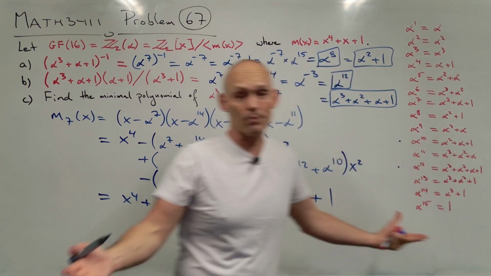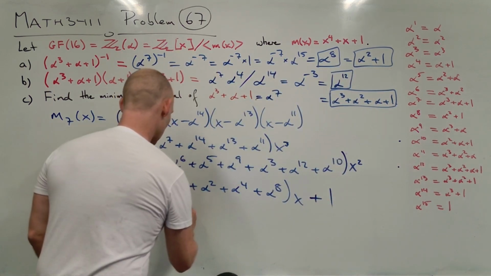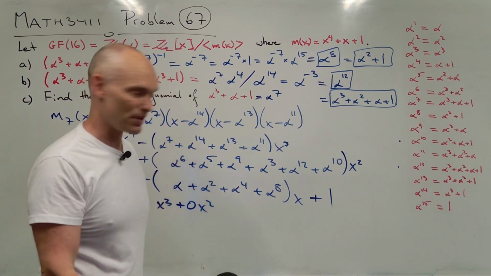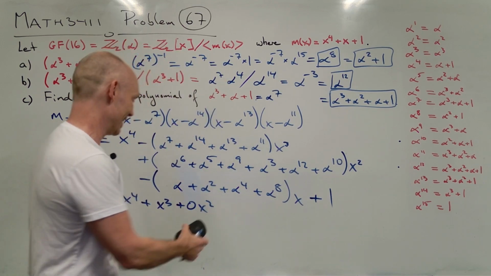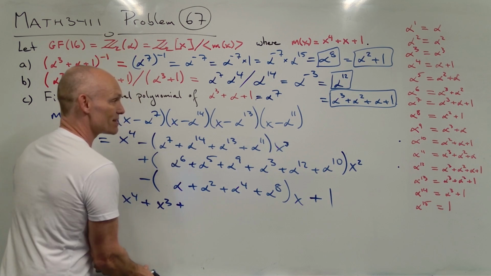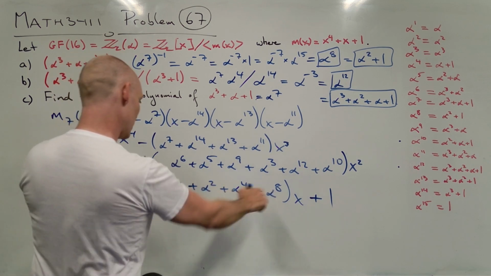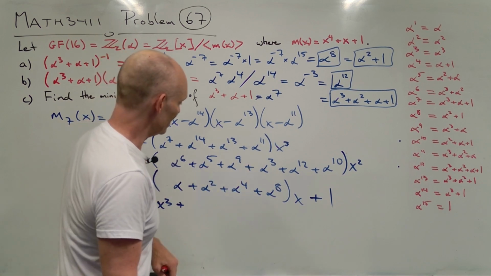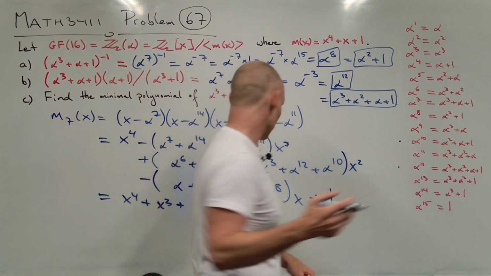Oh, okay, 0. So we've got plus 0 times x squared, and we might as well just write nothing. So now we just need this sum here. So alpha plus alpha squared plus alpha to the power of 4 plus alpha to the power of 8.